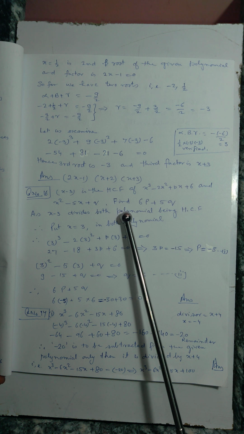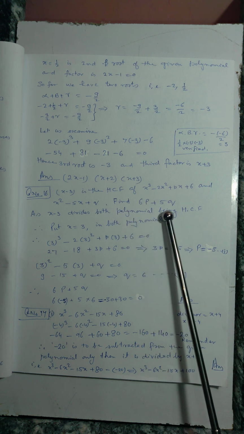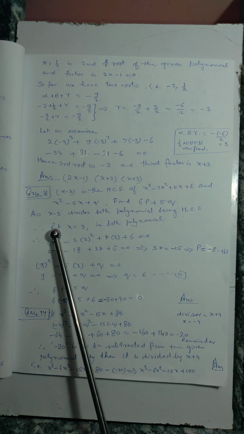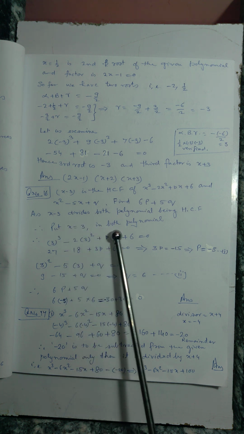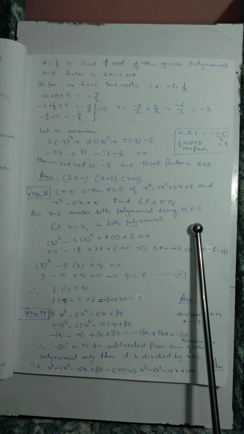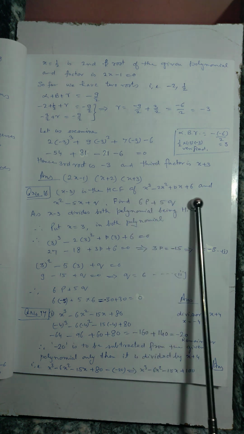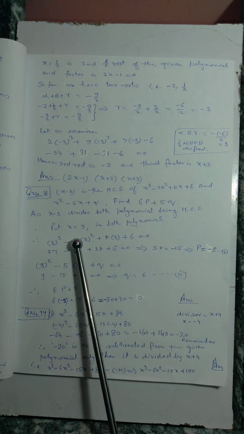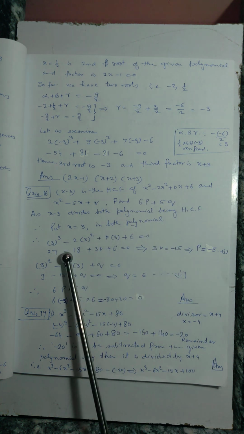We have to find the value of 6p plus 5q. As x minus 3 divides both the polynomials, being the HCF, it can divide the given polynomials. So put x is equal to 3 in both the polynomials.